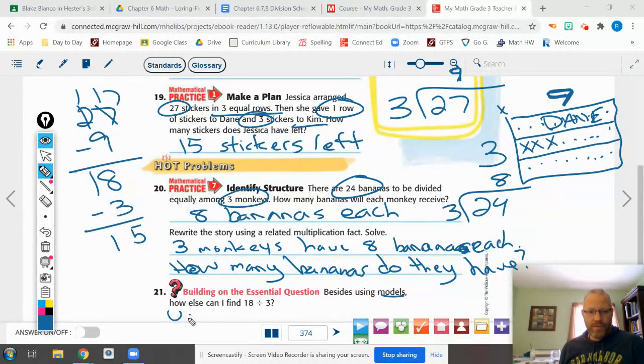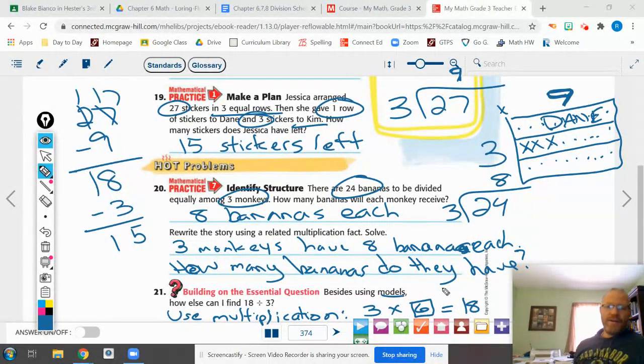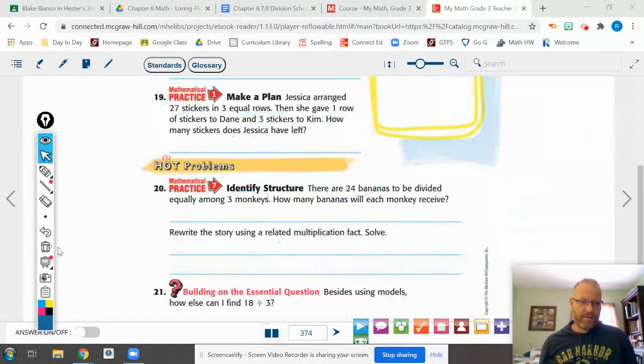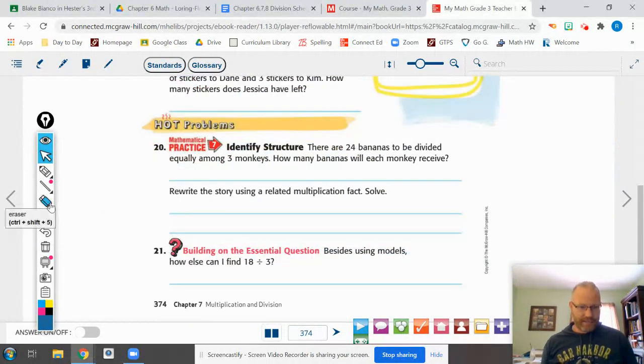You can use multiplication, and the example would be 3 times unknown equals 18, which is 6. So you can describe that by saying that you're using the multiplication table and you're starting with the 3 and you're going over to 18 to find 6. Or if you know your 3's, you can also just say that you're using 3 times 6.